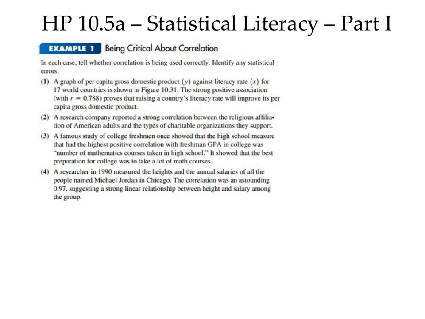Number three, a famous study of college freshmen once showed that the high school measure that had the highest positive correlation with freshman GPA in college was the number of mathematics courses taken in high school. It showed that the best preparation for college was to take a lot of math courses. Again, they're assuming that correlation, if it exists, or a strong association, implies causality.